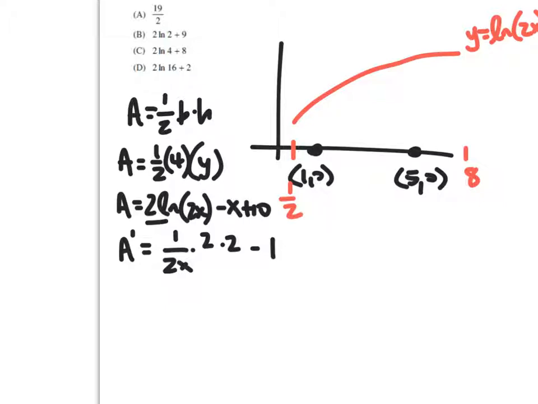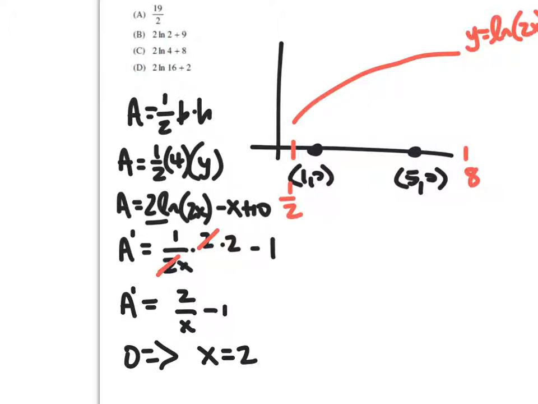So we'll get a cancellation of one of these 2's. It looks like the derivative of the area function will be 2 over x minus 1, which would equal 0 when x equals 2.